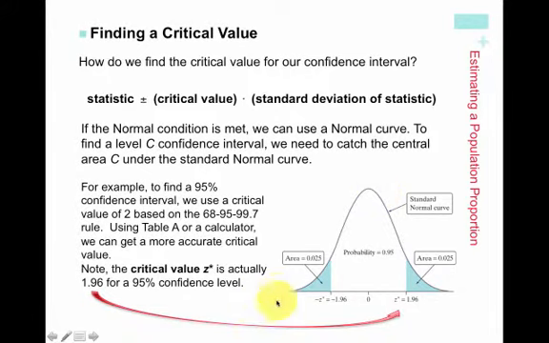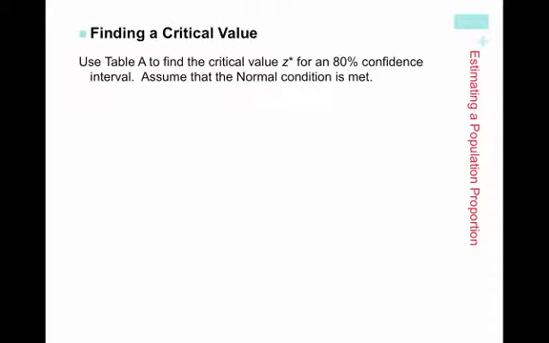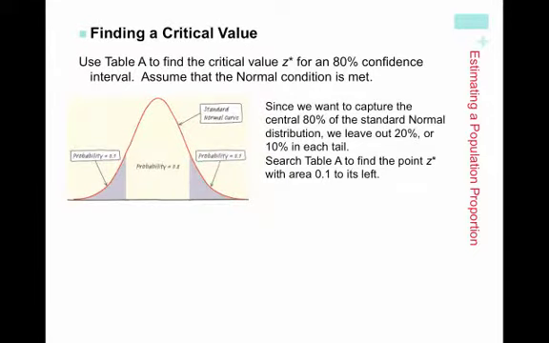Remember, we're only using this normal curve because our normal condition was met, n times p hat and n times 1 minus p hat. So we call this z star. This z star is going to represent our z-score, our critical value for our confidence level.